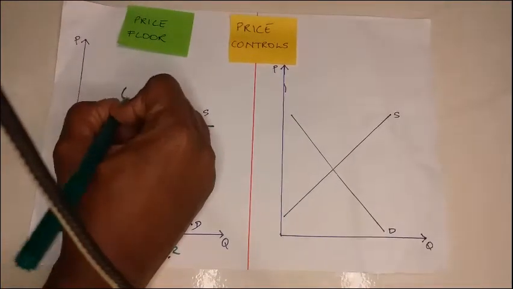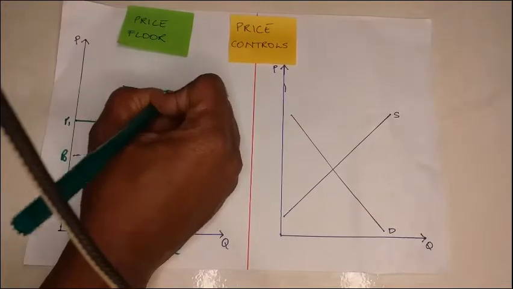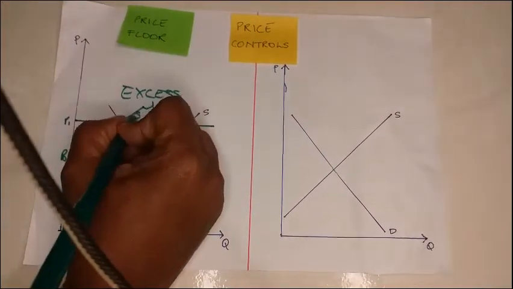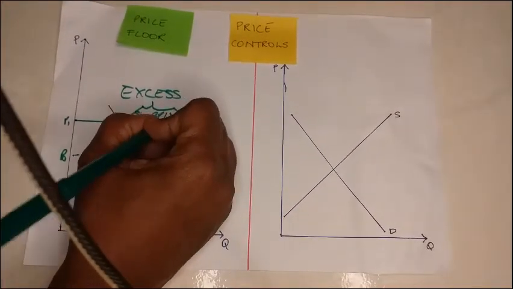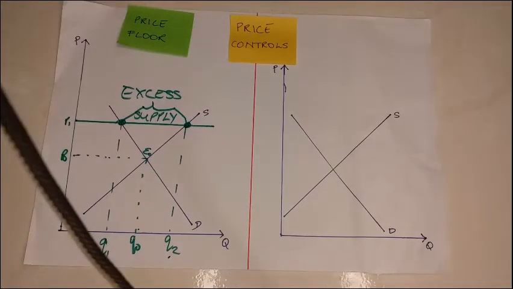This is what will happen. This excess supply will now lead to unemployment, and that's why you would find governments being reluctant to increase the minimum wage very often, because even though they increase the minimum wage and you think persons would get a higher standard of living, the trade-off is that it can increase unemployment levels within the economy.